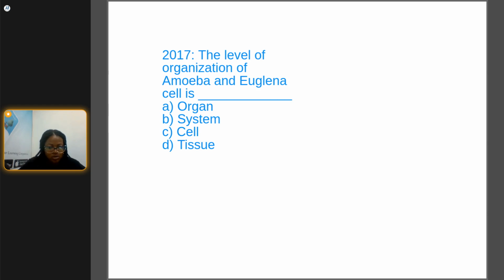I'm going to wipe off this. I would like us to also attempt it. So the level of organism in Spirogyra and Volvox is dash.